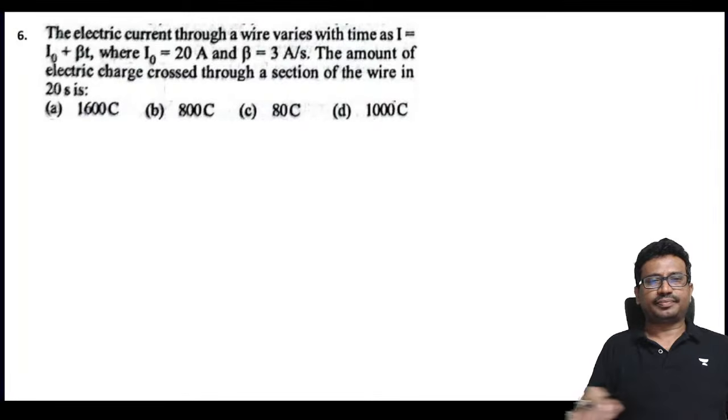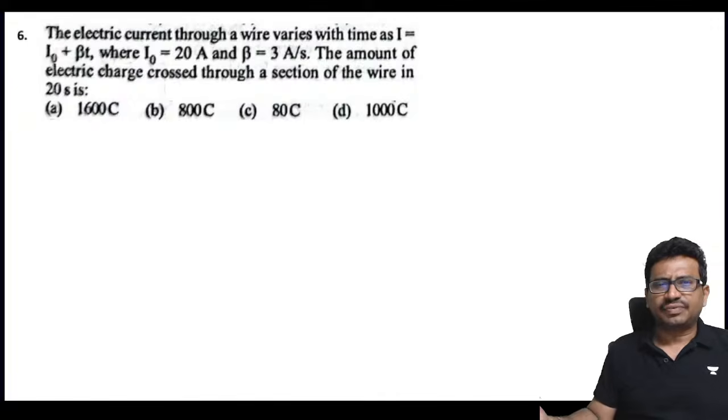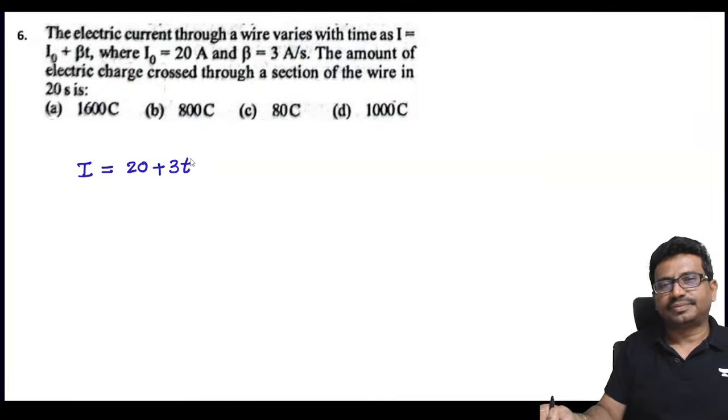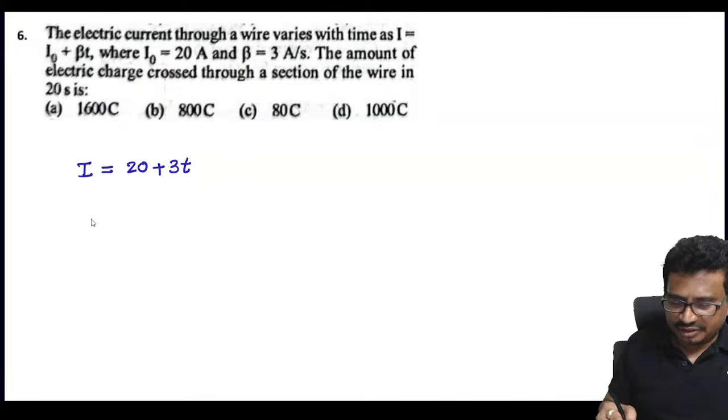Next one. The electric current through a wire varies with time as I is equal to I naught, that is 20 plus beta value 3 into t. The amount of electric charge is Q is equal to integral from 0 to 20 of I into dt.